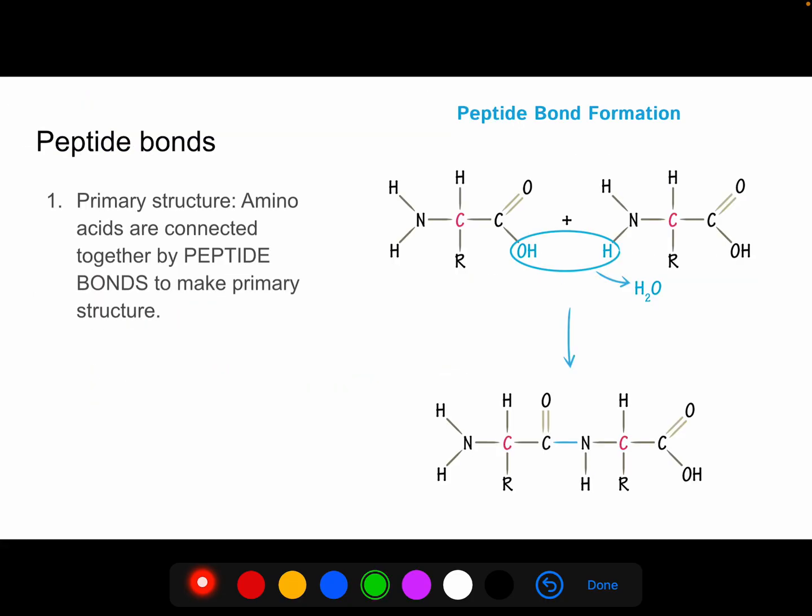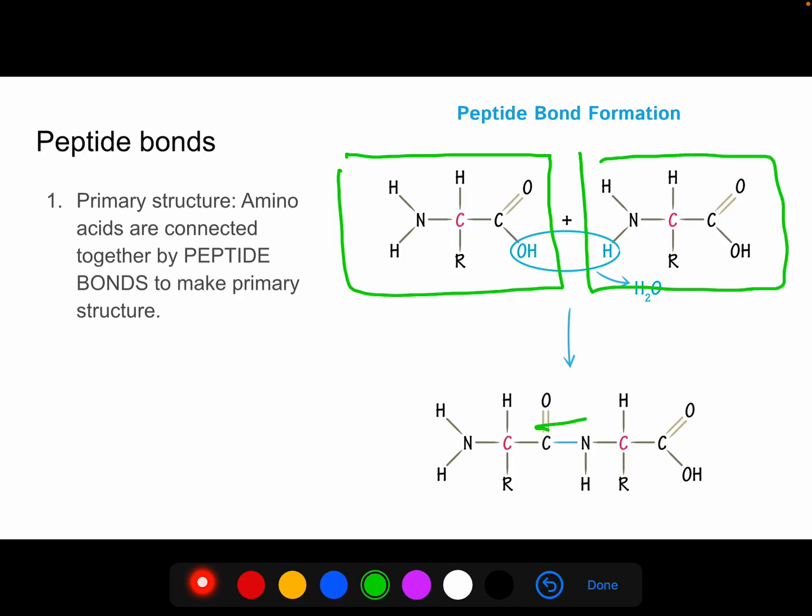So amino acids, yes, they are the building blocks of proteins. When they come together, they will make peptide bonds. So peptides are amino acids connected together. When many of them are connected together, we call it a polypeptide, which is the other name for protein. So when one amino acid connects to another amino acid, it will form a peptide bond.